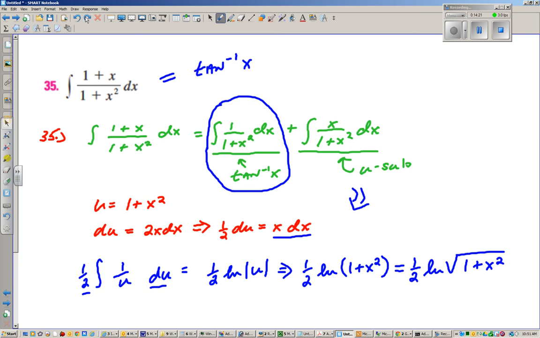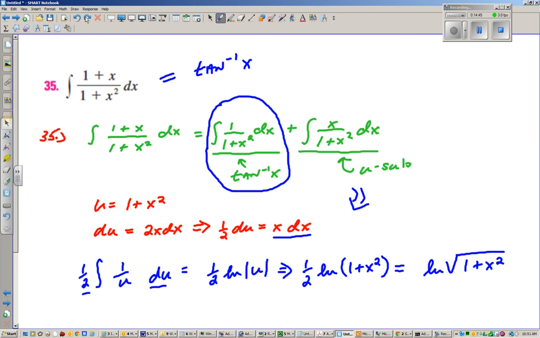So what's my final answer up above? Well, that first part that I've got circled, that was an easy one. That's right from the table. That's the inverse tangent of x. The second part, I see a little problem. I took that 1/2 out front and I applied it down below as a power of 1 plus x squared and wrote it as a square root.